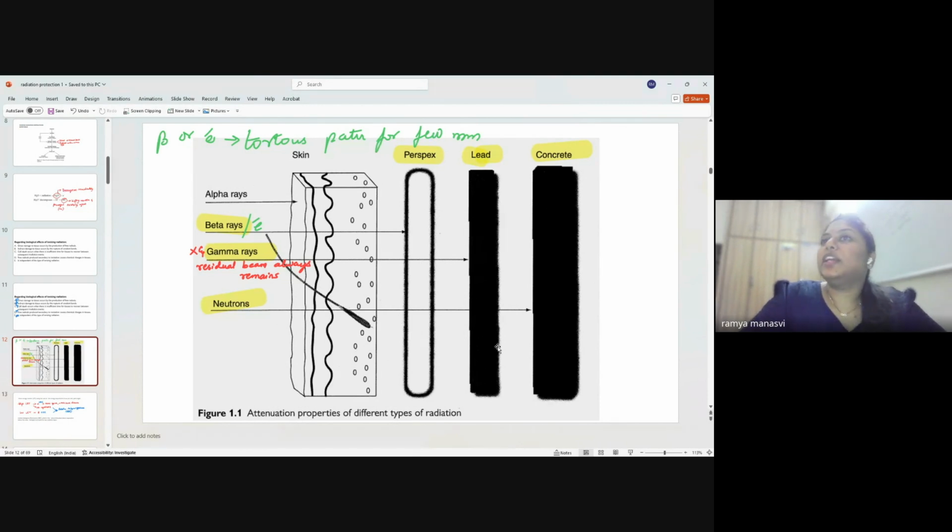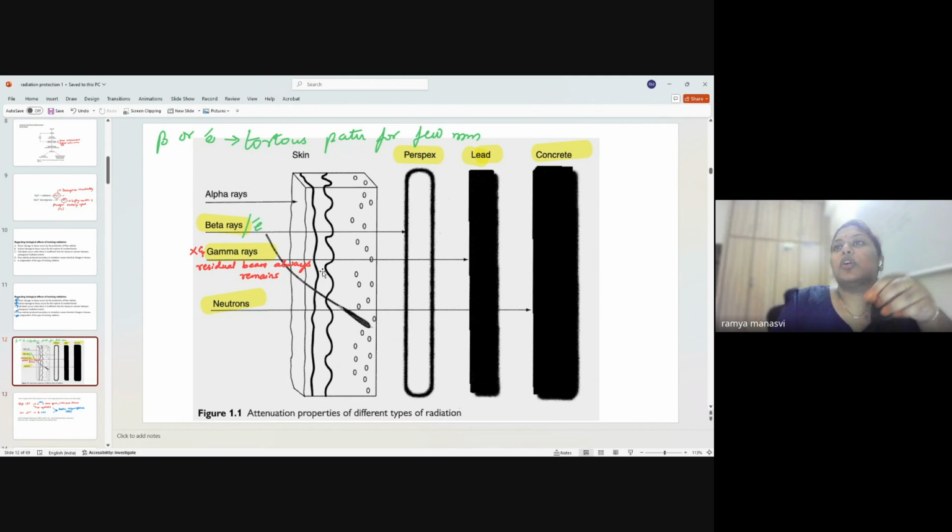Beta particles and electrons are almost the same as X-rays and gamma rays, but they travel a longer length, a few millimeters more, because they are very lightweight and don't form attraction forces with other atoms.